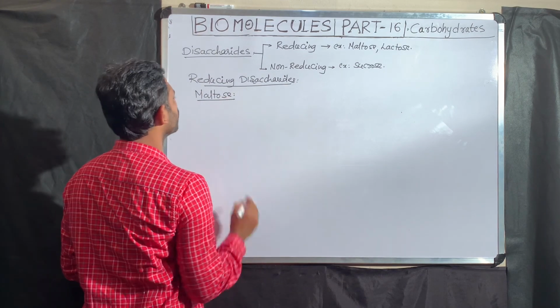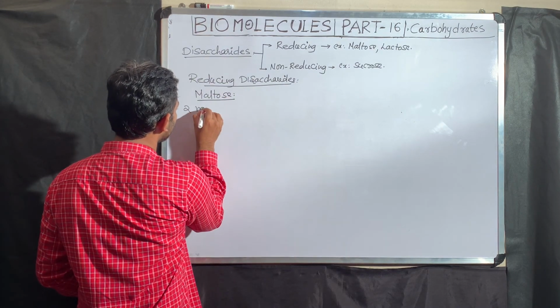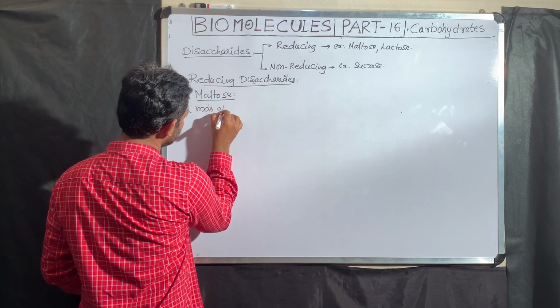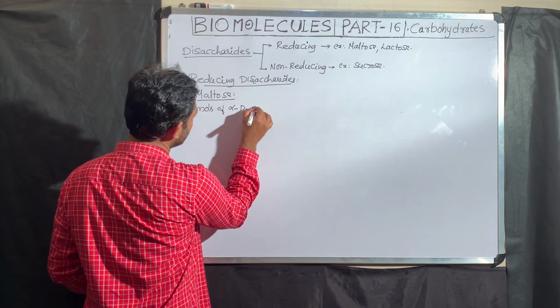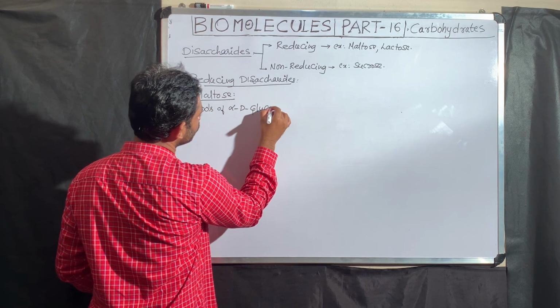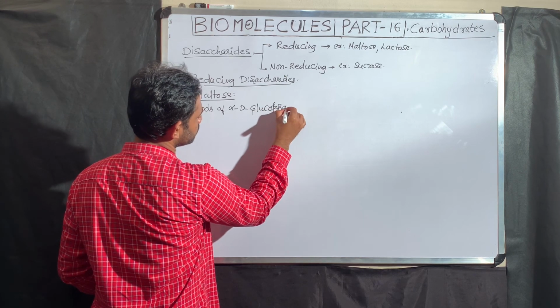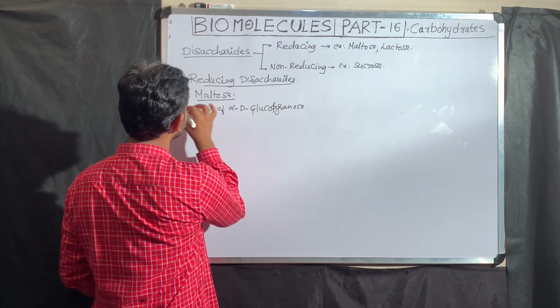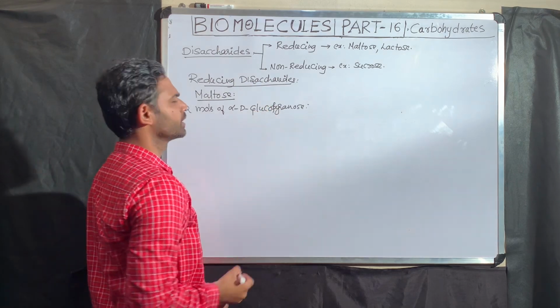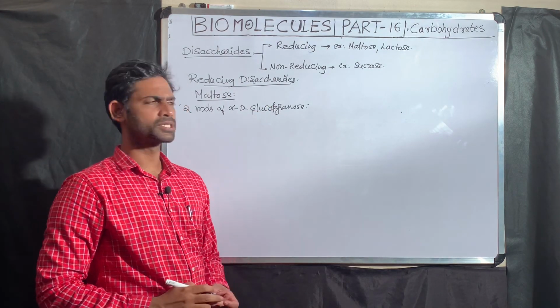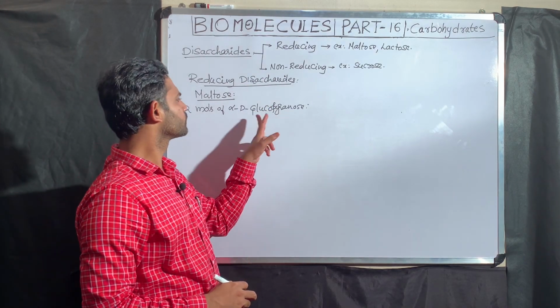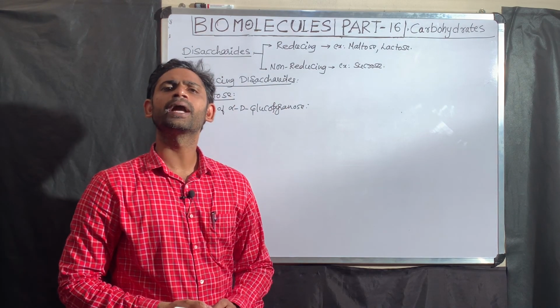Maltose consists of two molecules of alpha D-glucopyranose. Up to here you remember. I will explain the remaining thing.